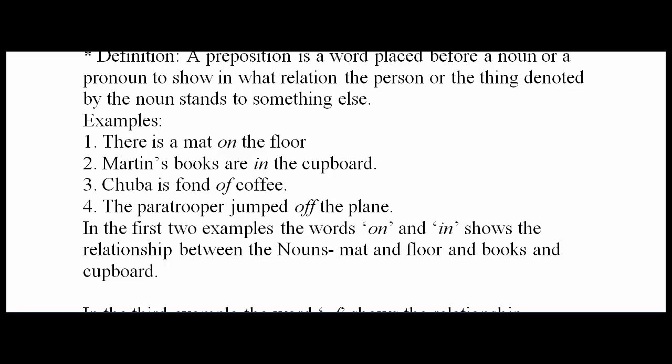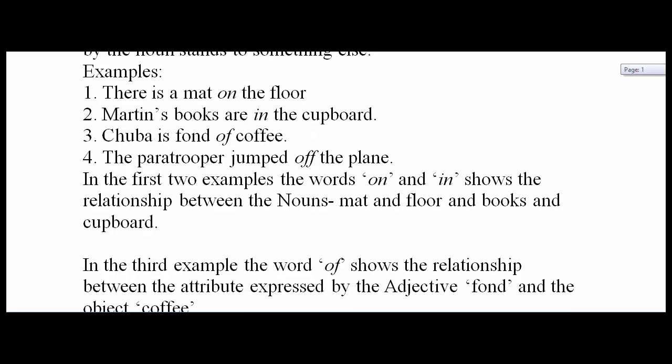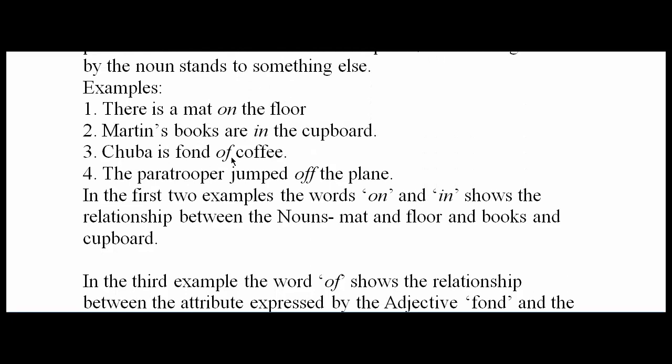In the third example, the word of shows the relationship between the attribute expressed by the adjective fond and the object coffee. Of, which is a preposition, shows the relationship between the adjective fond and the object, that is the noun coffee.